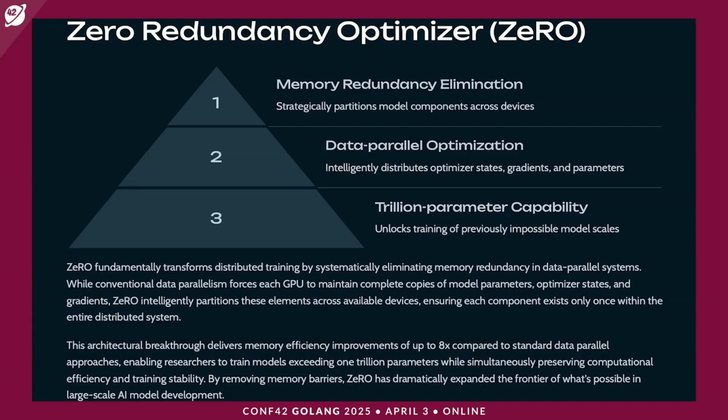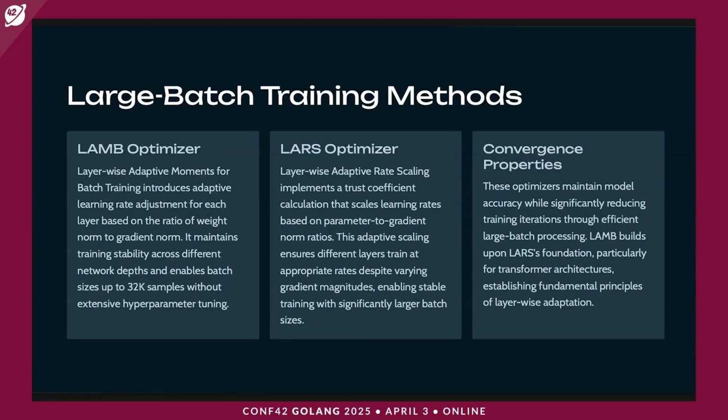Next, what happened was we enabled large batch training, not large scale, but large batch training. Larger batch sizes increase efficiency, and faster training is achieved through bigger batch sizes, but they can hurt convergence if you're not careful. So there are two optimizers specifically designed for this: LARS and LAMB. LARS sets learning rates for each layer based on the weight to gradient ratio, keeping layers balanced during training.